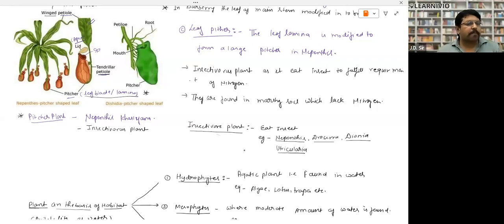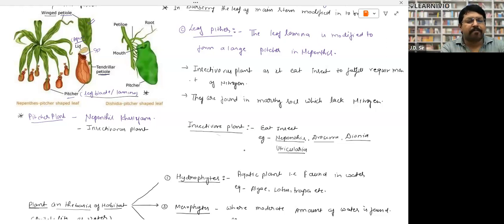But basically, you will encounter Nepenthes, Drosera, and Dionaea. All these plants eat insects, but they have different shapes and different mechanisms. After the class, both of you, Martin and Physica, search these plants on the internet and try to know what exactly they are. It's very interesting. All the insectivorous plants are found in muddy or marshy regions.